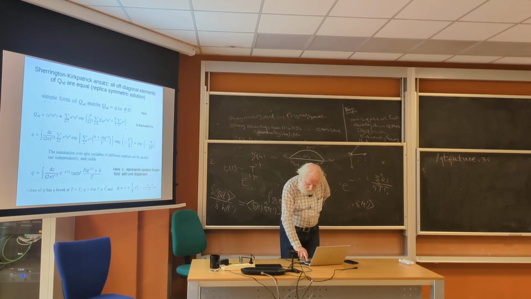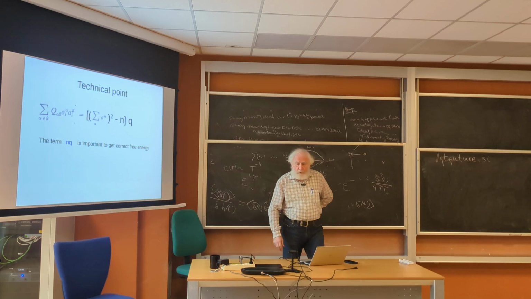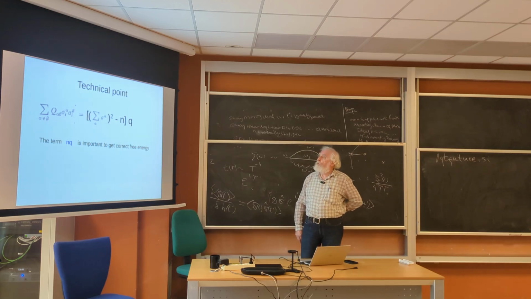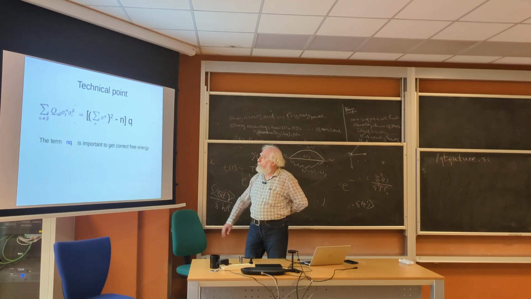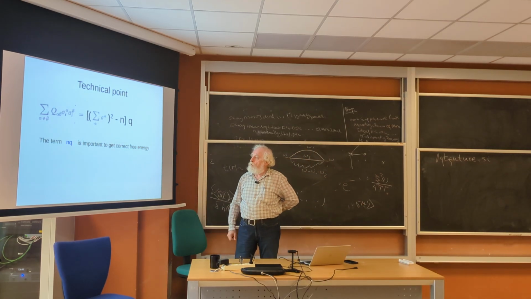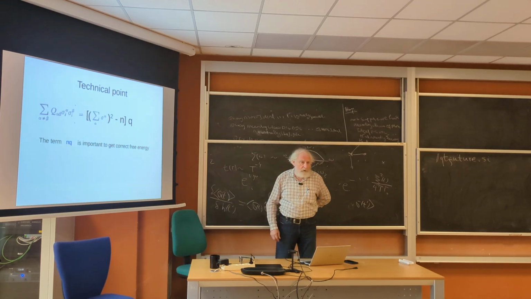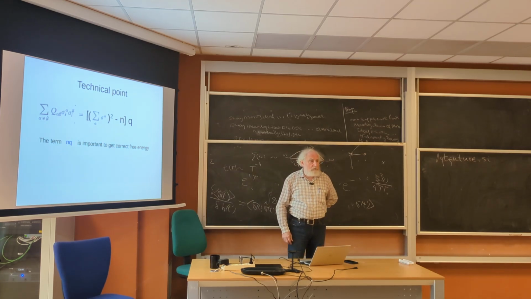Then we also need to eventually calculate the free energy and entropy of this solution. Technically, to go through this calculation, it is important to keep this term n multiplied by q, although eventually n will go to 0.